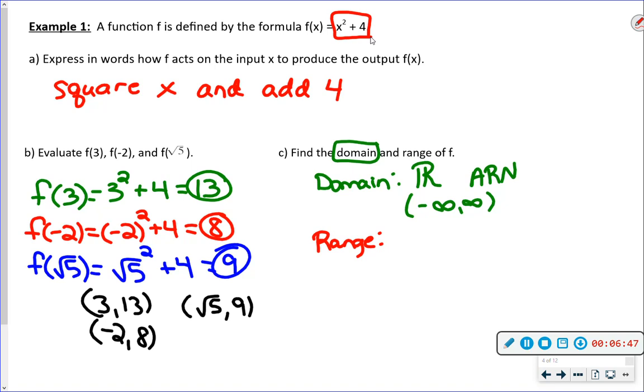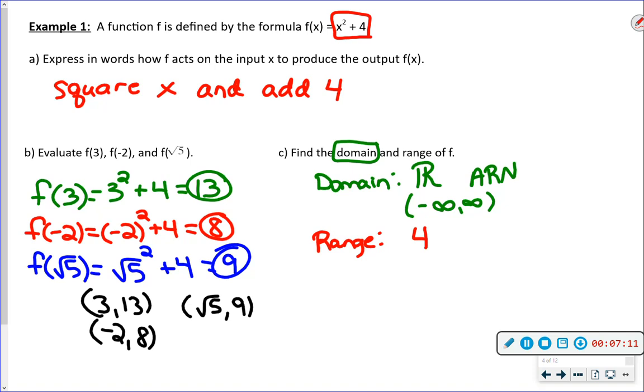What's -1 squared plus 4? It's going to be 5. Okay, all right. Then I'm like, wait, what if I put 0 in? What's 0 squared plus 4? So I think 4 is going to be my smallest number. Or if you put 1 in, 1 squared plus 4 is 5. So the smallest number we're going to get is 4, and it's going to keep going larger than 4.